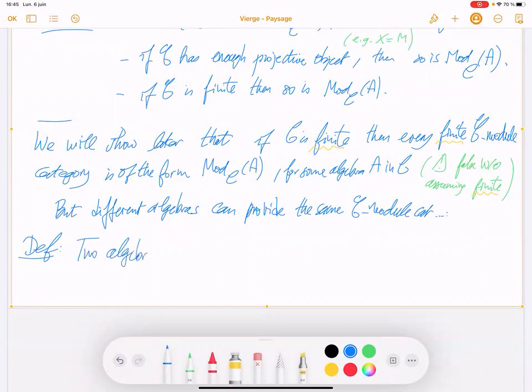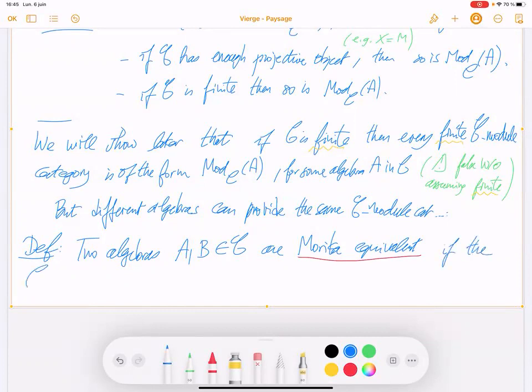Two algebras A, B in C are Morita equivalent if the C-module categories mod-CA and mod-CB are equivalent.